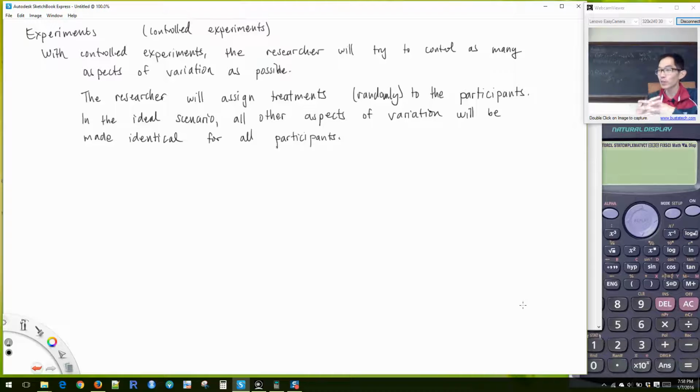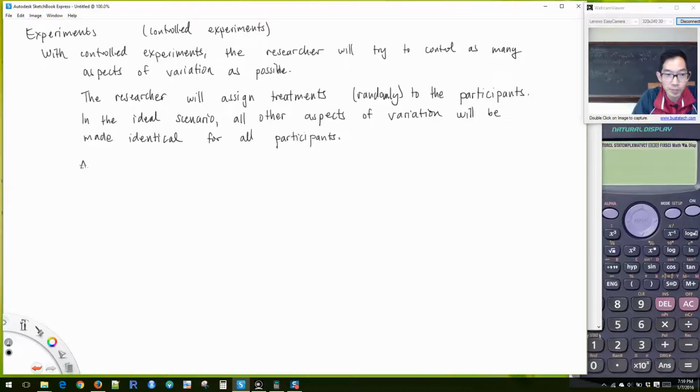Everybody would be exactly the same, except this group gets the drug, this group gets the placebo. Okay, and thus at the end of our study, if we observe any difference between this group and this group, the difference between cholesterol results at the end of the study can be attributed to the fact that this group got the drug and this group did not. Okay, that's in our ideal scenario.